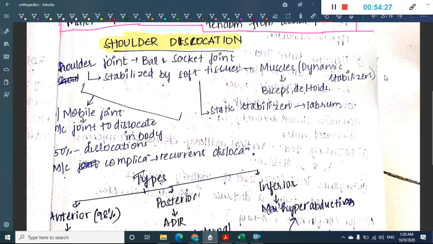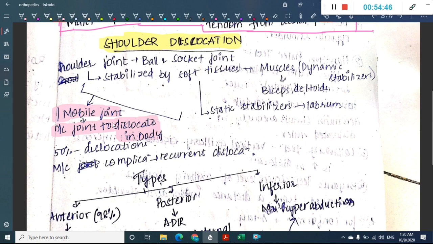This shoulder joint is the most mobile joint in our body. So if you see the one-liners, the shoulder joint is the most mobile joint and it is the most common joint to undergo dislocation in the body.